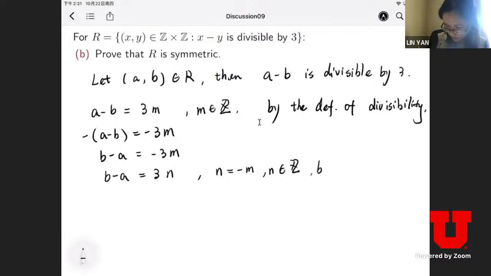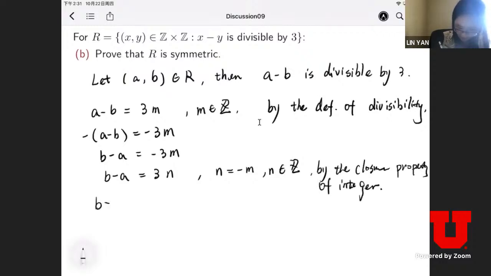This is by the closure property of integers. So b minus a is divisible by 3.